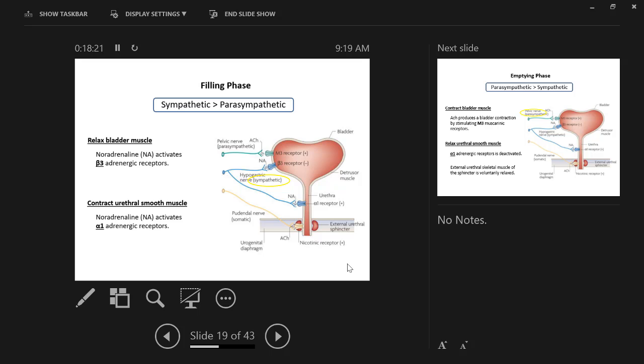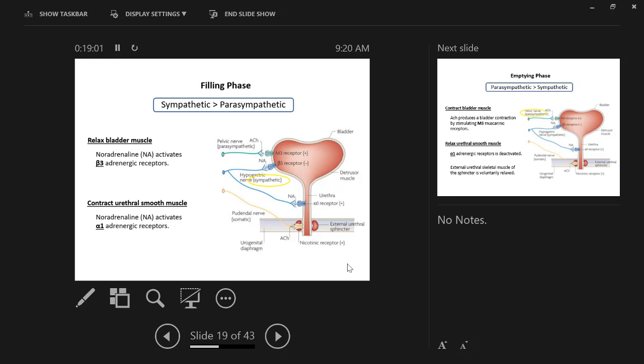sympathetic nervous system is dominant, which means that the sympathetic nervous system is here, right? So which means that noradrenaline is released and activates beta 3 receptor signaling, which, once again, inhibits bladder contraction. And at the same time, sympathetic nerves innervate the urethra too, and release noradrenaline and activate alpha 1 receptor.